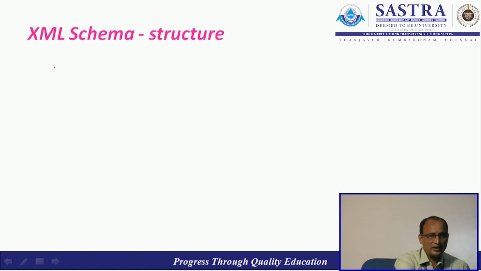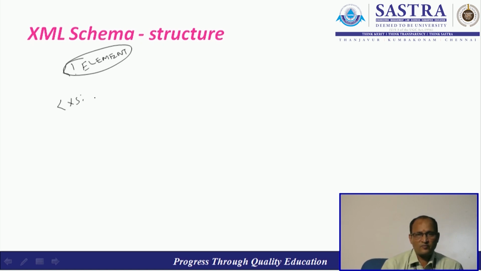usually in document type definition, we learned to start with the exclamation, element symbol. This is the keyword we used, but in schema we will not use this. We should start with XS colon. X stands for XML, S stands for schema.